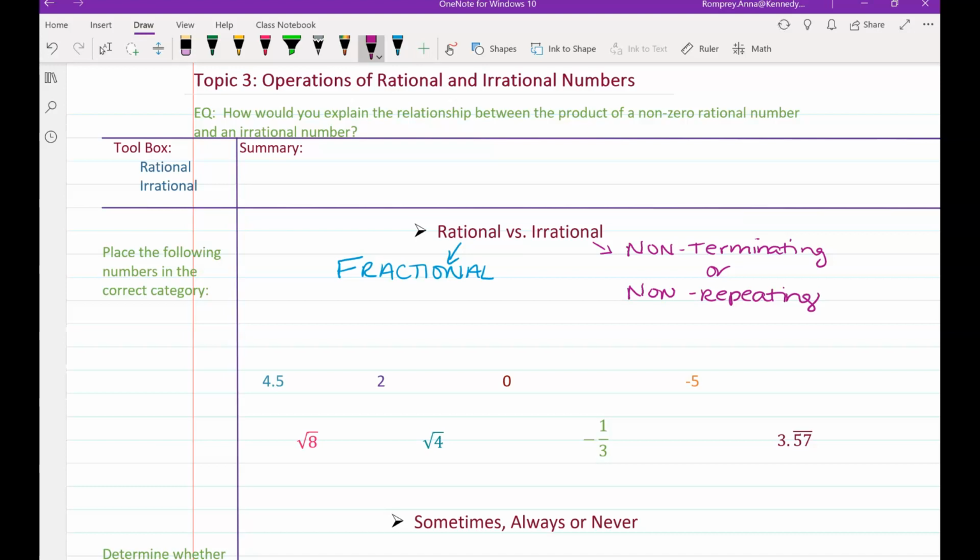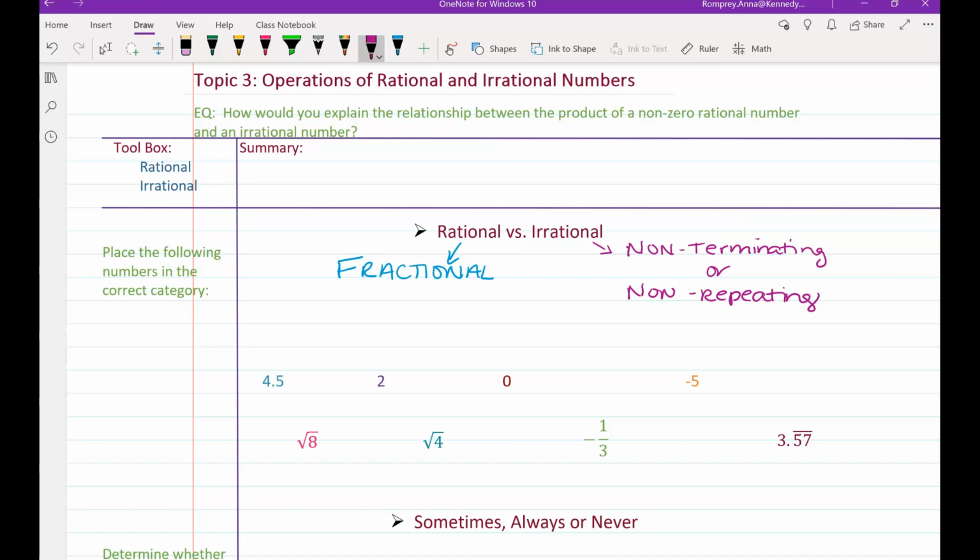Because repeating decimals can be written as fractions. If you don't remember how, I can do a short tutorial on that at the end of the video if you want to know how. So rational versus irrational. Rational is fractional, any number that can be written as a fraction.